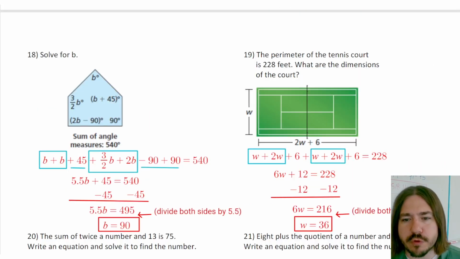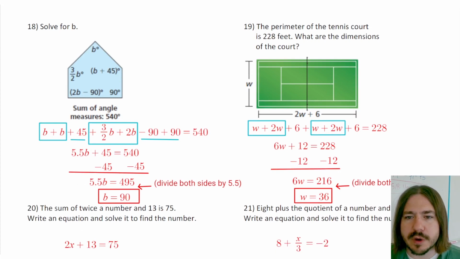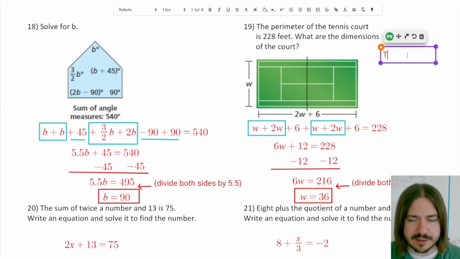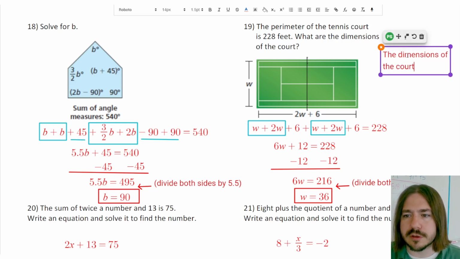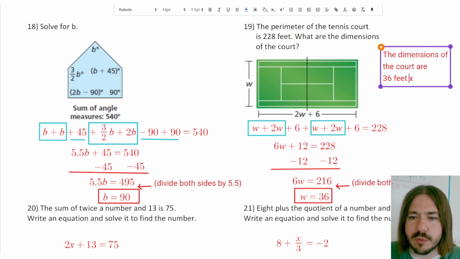And real quick, before we move on from number 19, I do want to make sure that we're answering the question being asked here, which is, what are the dimensions of the court? So if we know that W is 36, one of the dimensions is 36 because it's just W. So we'll answer this as a complete sentence. The dimensions of the court are 36 feet by, and then we've got to figure out what this length is.